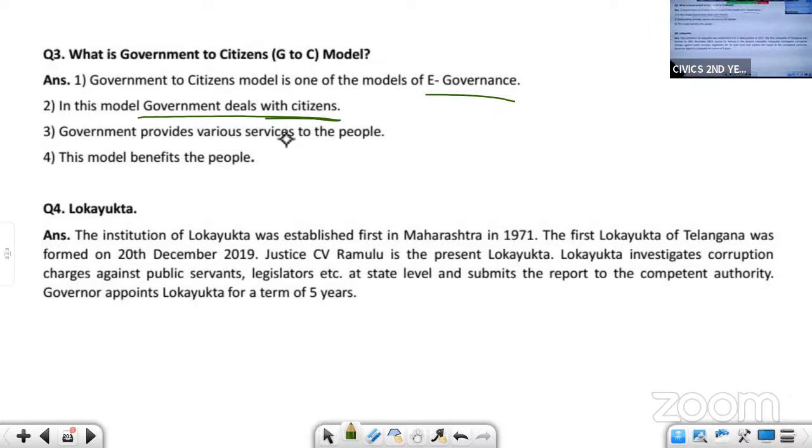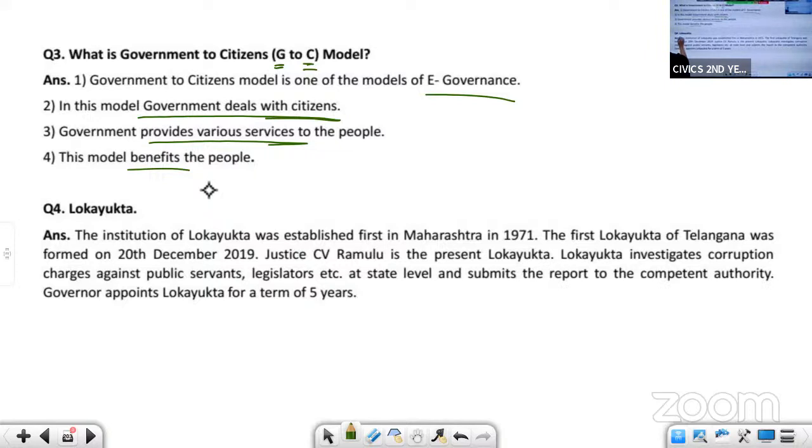Government provides various services to the people. You need not go to government departments for your work. Sitting at your home, you can enjoy the services provided by the government. That is why we are saying it is G to C, government to citizen model. And it is a benefit to the people.